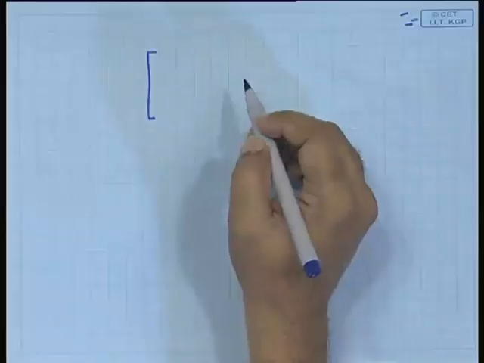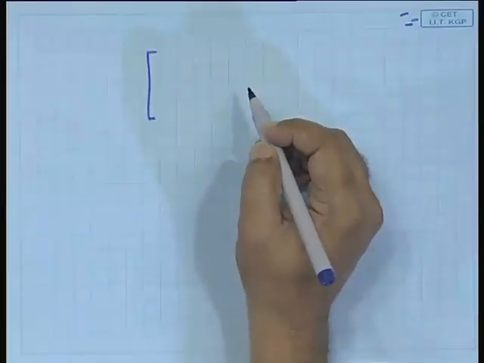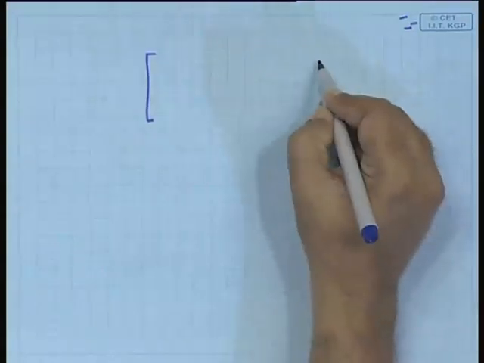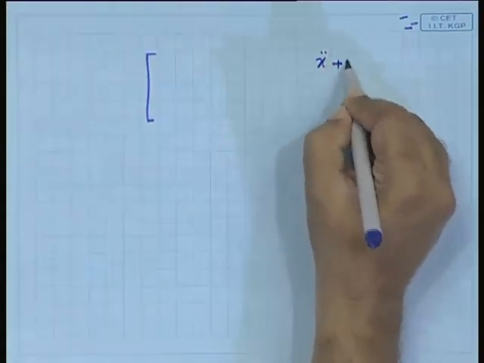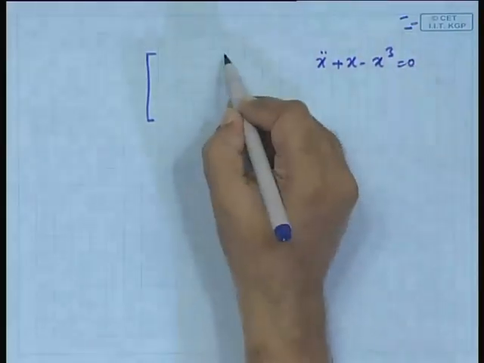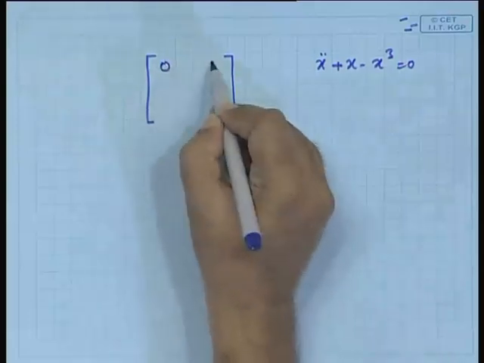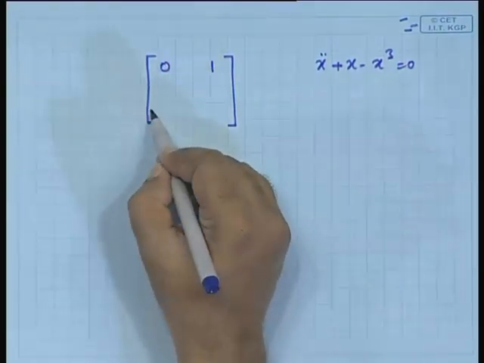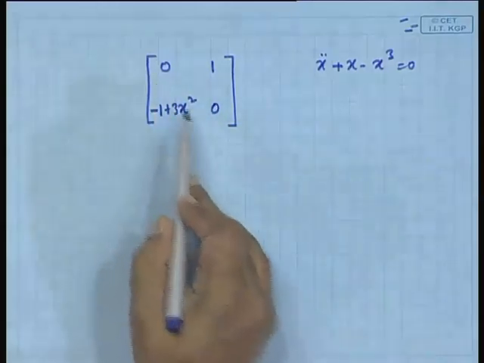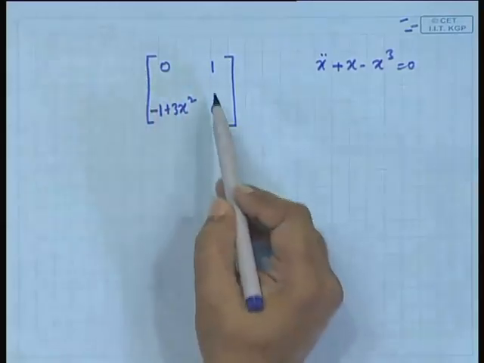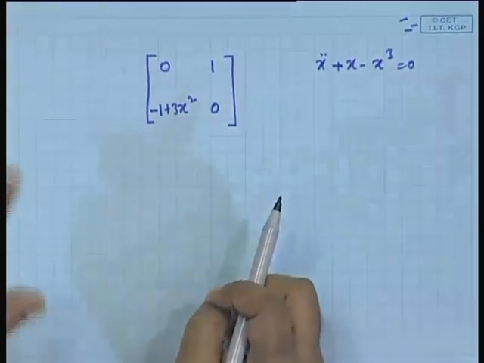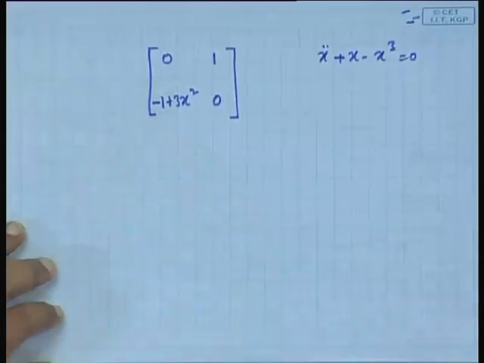The system was x double dot plus x minus x cube, right? So, what was the Jacobian? 0 1, minus 1 plus 3x square and 0. Now, because these two terms are 0, whatever be the x, it will always turn up into purely imaginary eigenvalues. But the point is not that.